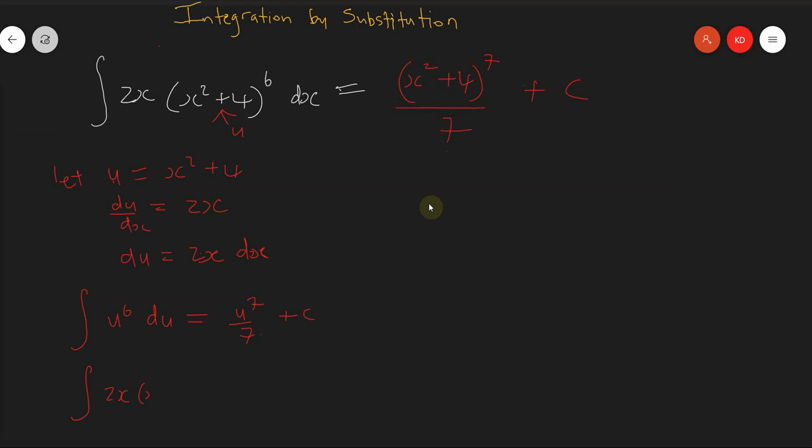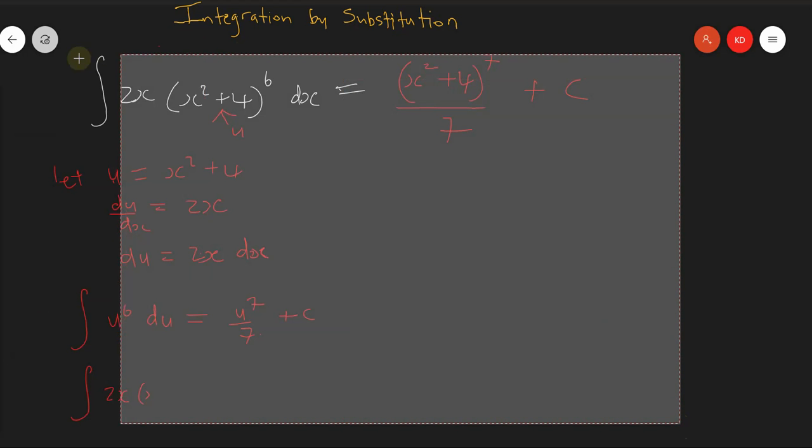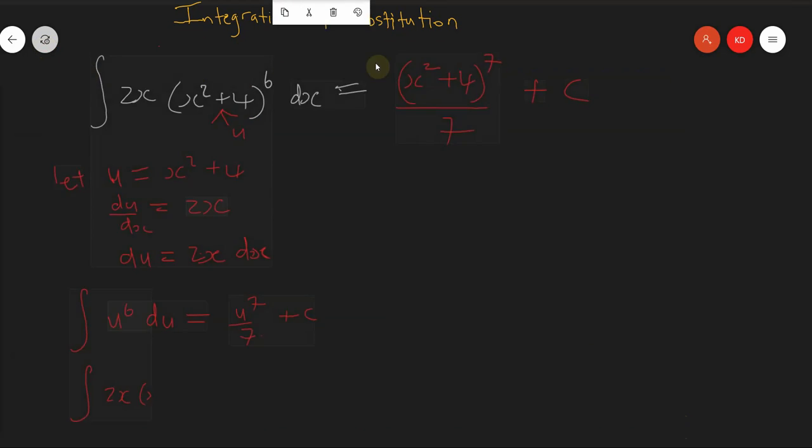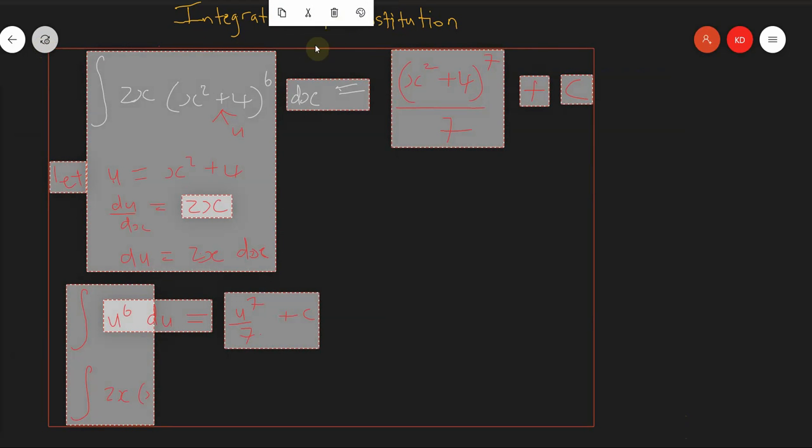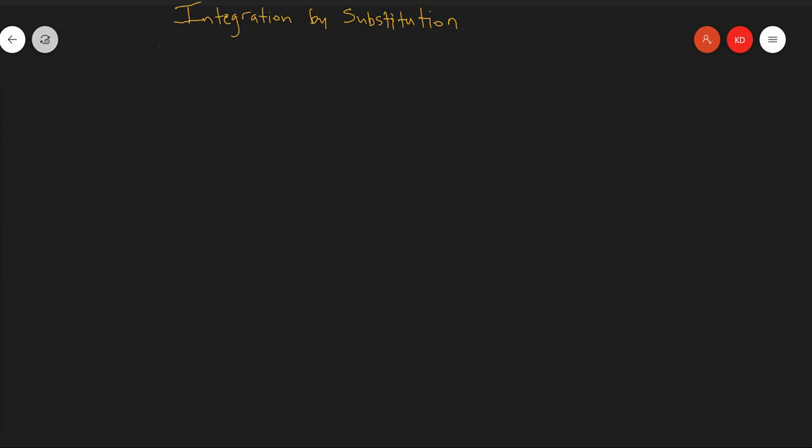Good. And that is one problem down. I'm going to try and cover a couple problems so that you can have better understanding and a better appreciation. Right, so let's just dive into another problem here.